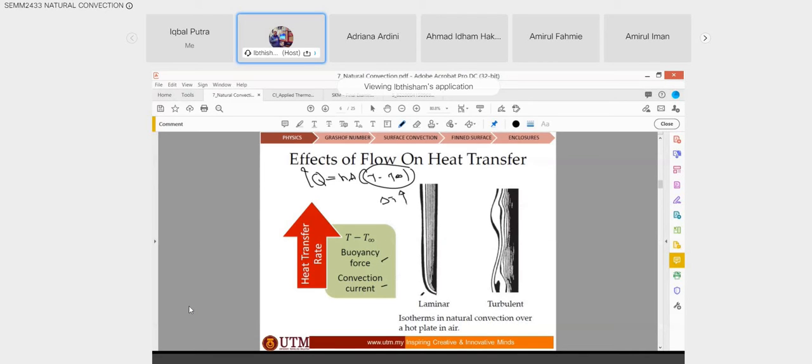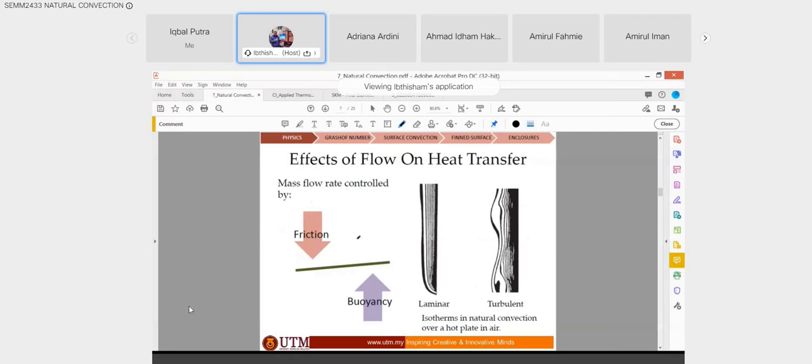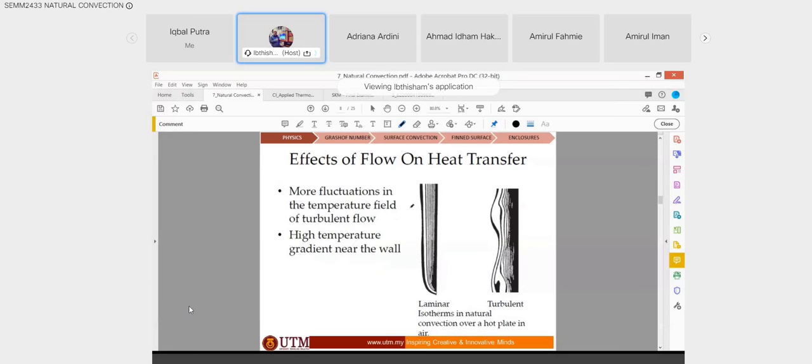Convection current, with respect to laminar or turbulent: turbulent will give you high heat transfer rate. We have mass flow rate controlled by friction, and then we have the viscosity of the fluid, for air. If the mass flow rate decreases, there is high friction. On the contrary, if you have high buoyancy force, the mass flow rate will increase.